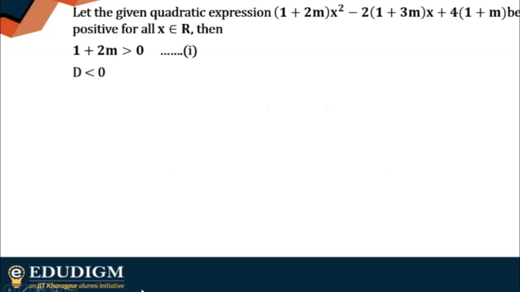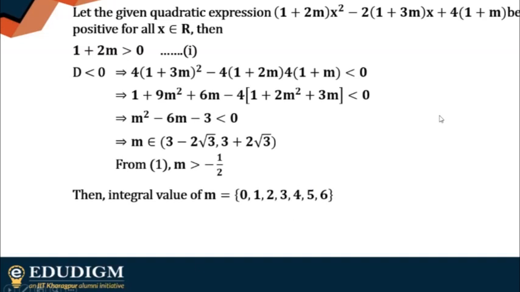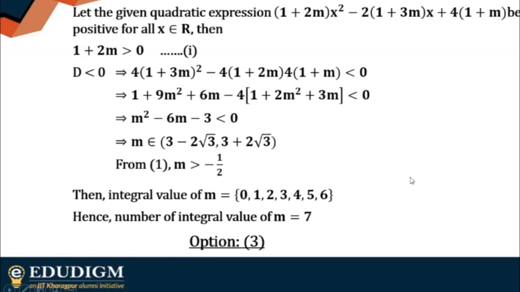So from there you will have another, just m is greater than or equal to minus half, and also this D is supposed to be less than 0. Okay, from there you will just get some portions. All right, so these are the possible integral values of m as correctly pointed out by you people. The answer is 7. So the right option is option 3.